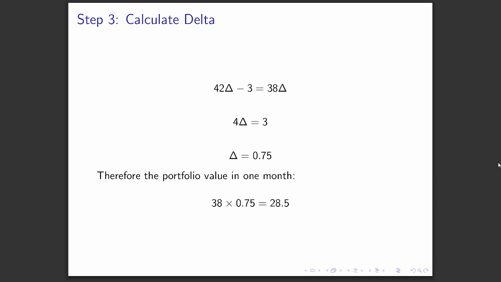Now, calculating the delta, we solve the equation to find the value of delta. Here is the calculation, and we get delta is equal to 0.75. This means we must hold 0.75 shares of the stock for each option in the portfolio. Now we calculate the value of the portfolio in 1 month.